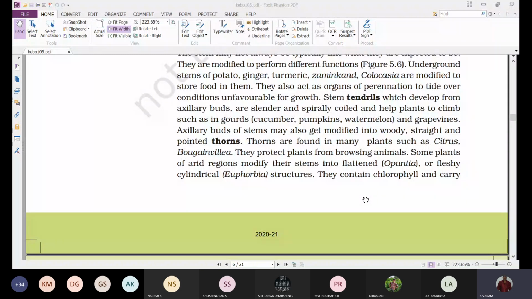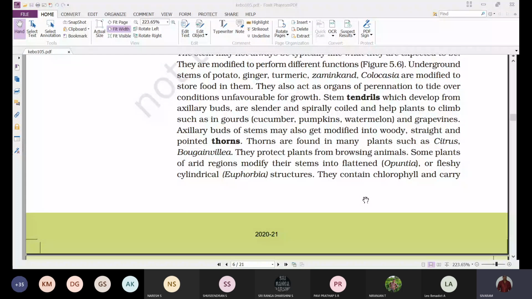A tendril is a slender, spirally coiled structure which can coil over a support and helps the plant in climbing. Such slender and spirally coiled structures that develop from the stem, we call stem tendrils. Why we are specifically mentioning the stem is because tendrils are formed from different parts of the plant.